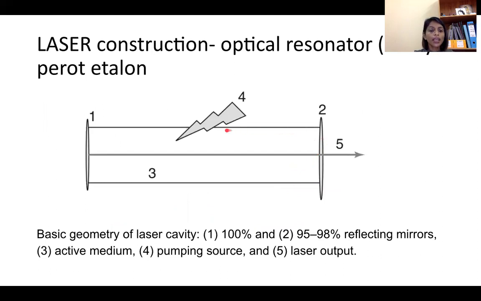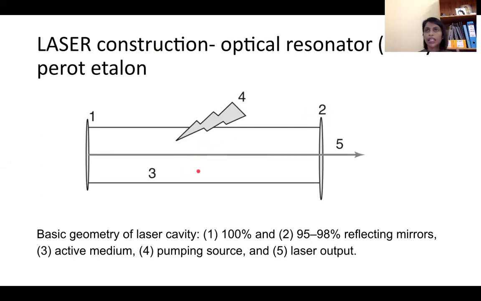So here, this is the basic geometry of a laser cavity. In the laser cavity, we have these highly reflecting mirrors. One is 100% reflecting, one is partially reflecting. And then we have the active medium.